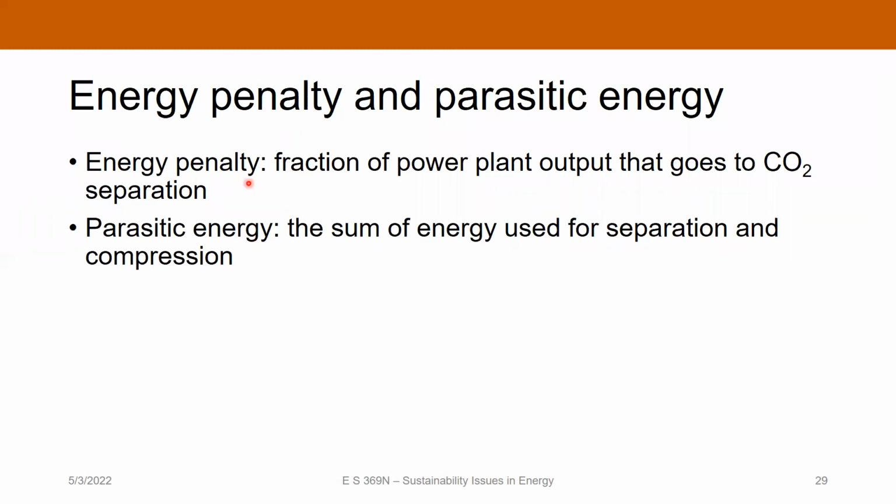So your energy penalty is just the fraction of the overall power plant output that's going to your CO2 separation. And the parasitic energy: once you separate the CO2, you need to compress it to be able to use it later. And so that's just going to be the sum of the separation and the compression energy. All right, so remember those definitions moving forward.